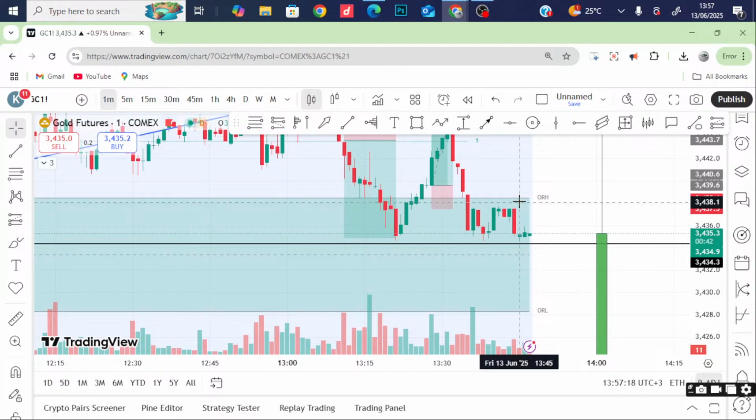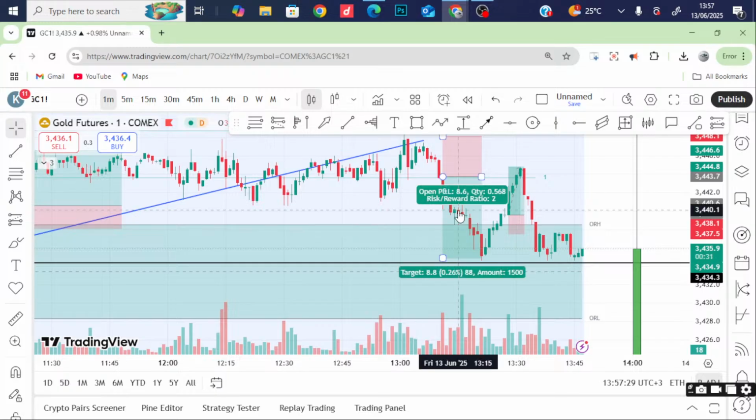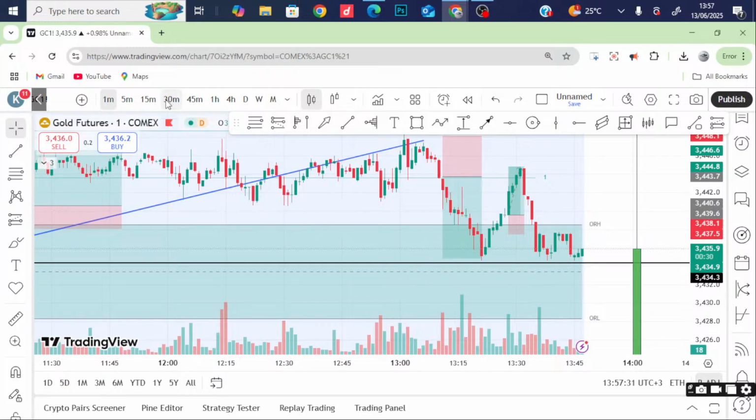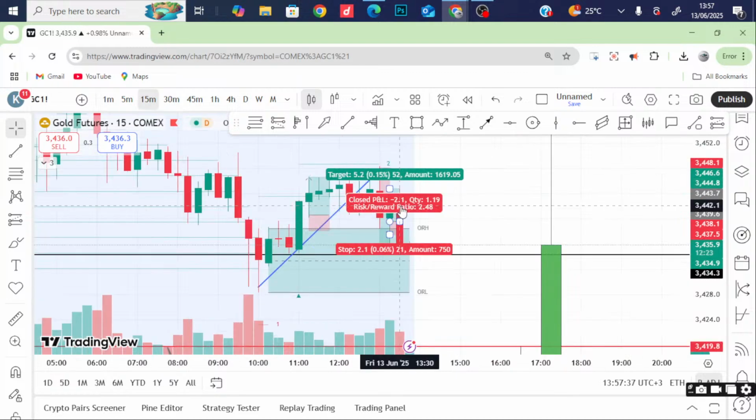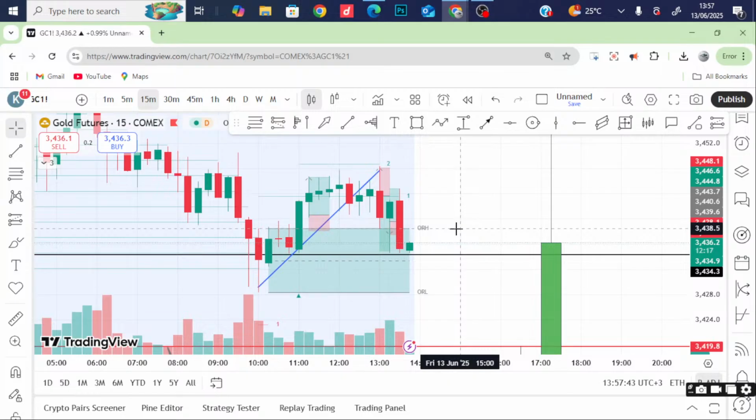Either it can break the upper side, but since this was the London session which has opened, I think the New York session just started some few minutes ago. The New York session has not started yet. It will start at 15.